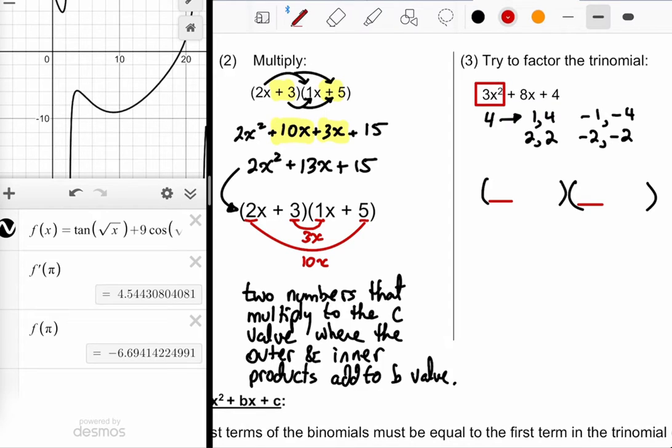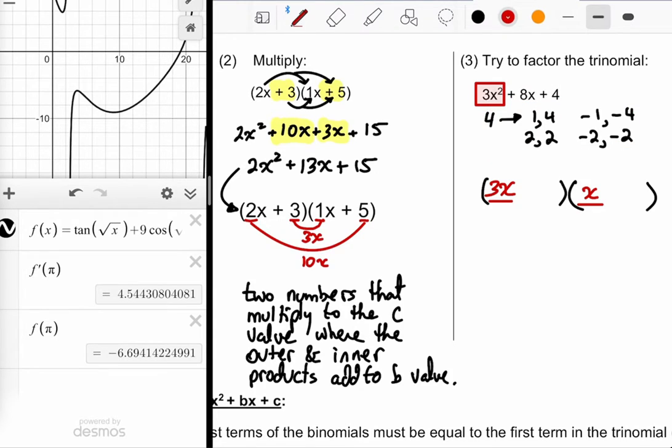In this case, it wouldn't have been too difficult because you think about how you're going to get to a 3x squared. Most likely 3x and x. Could also be -3x and -x. So we'll just put the 3x and the x in here. For more complicated situations, you might find yourself making a list like this for the leading coefficient.